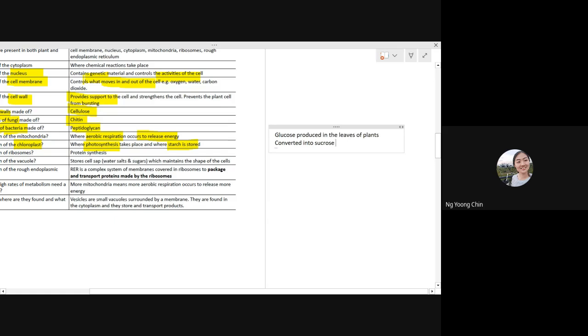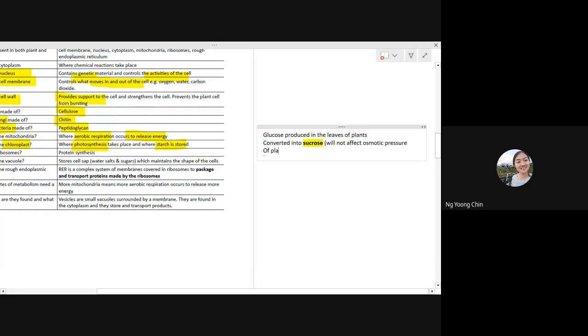For information, the plant will transport their food molecule in the form of sucrose, but not glucose. Yeah, sucrose, because sucrose will not affect the osmotic pressure of the plant cell. So after that, the sucrose will convert into starch for storage.